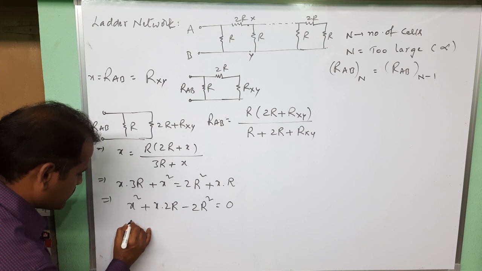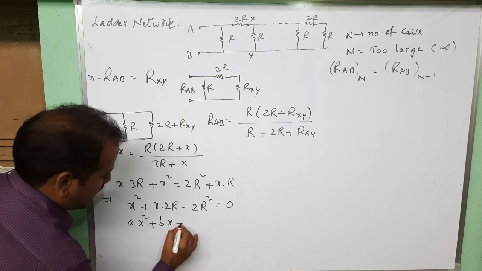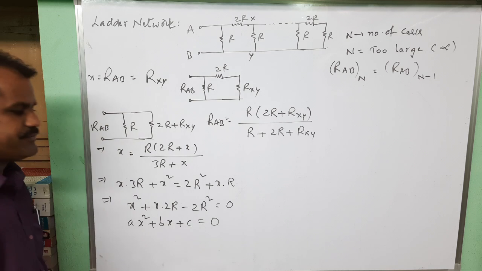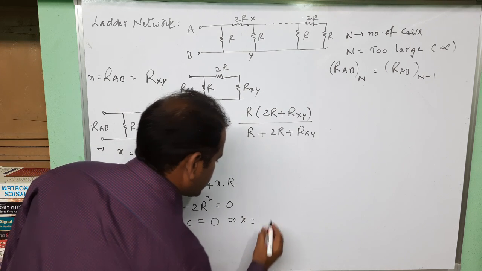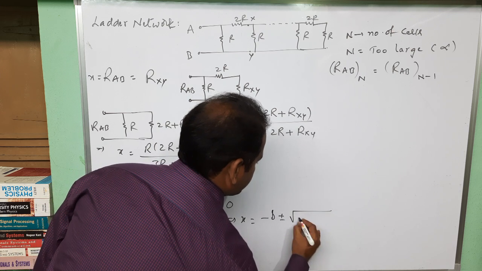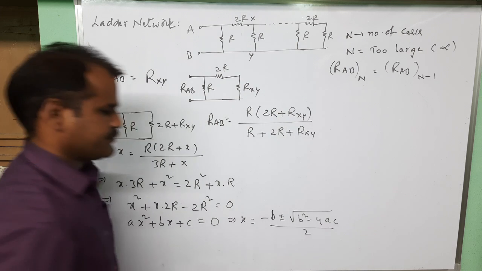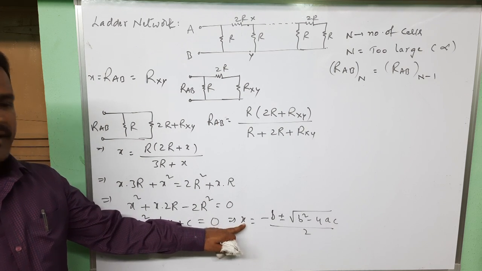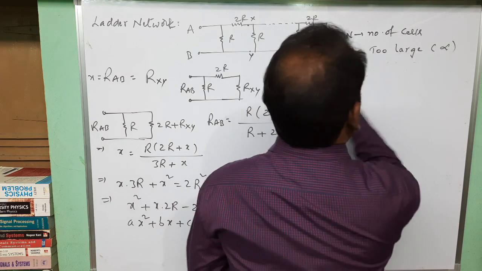We can compare it with the standard equation ax square plus bx plus c is equal to 0, for which the solution we know is x equal to minus b plus or minus square root of b square minus 4ac, by 2a. So we need to find the x value from this equation. Let us write this equation here.